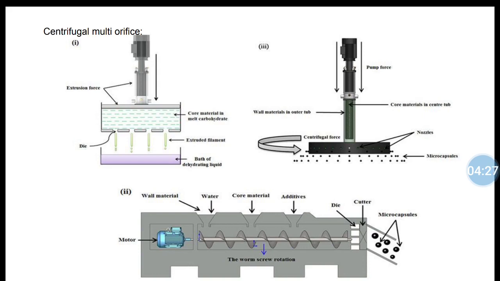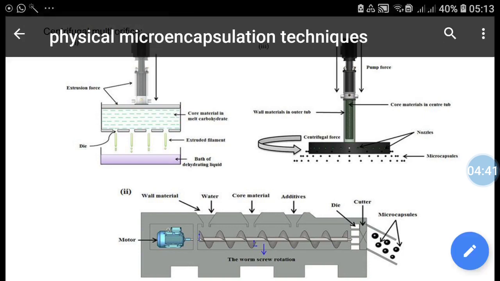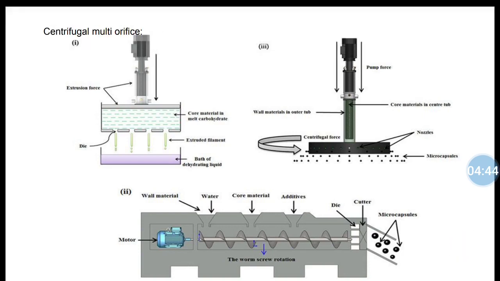Due to this rotation, the core material is thrown to the periphery of the equipment. At the periphery there are small perforations, and these perforations are covered by the coating material. When core material approaches the perforations, it gets coated by the coating material, and then it is further rigidized.